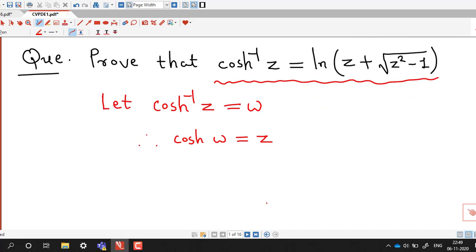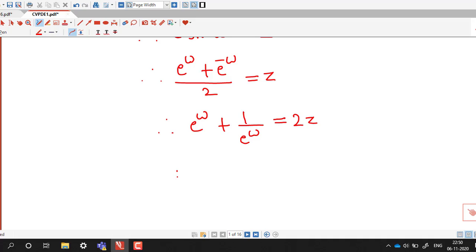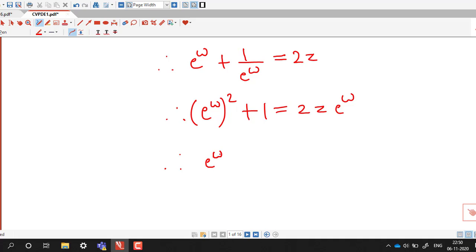This is by definition. Now if we use the definition of the cosh function, we can write cosh W equal to e raised to W plus e raised to minus W over 2 equal to Z. This we can rewrite as e raised to W plus 1 upon e raised to W, and this 2 we transfer to the right hand side, so it is 2 times Z. Now if we multiply this whole equation by e raised to W, we have square of e raised to W plus 1 equal to 2Z e raised to W. Therefore, e raised to W whole square minus 2Z e raised to W plus 1 equal to 0.